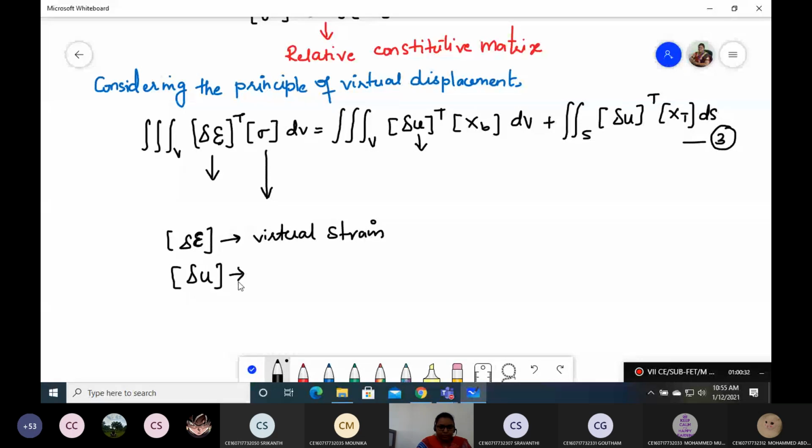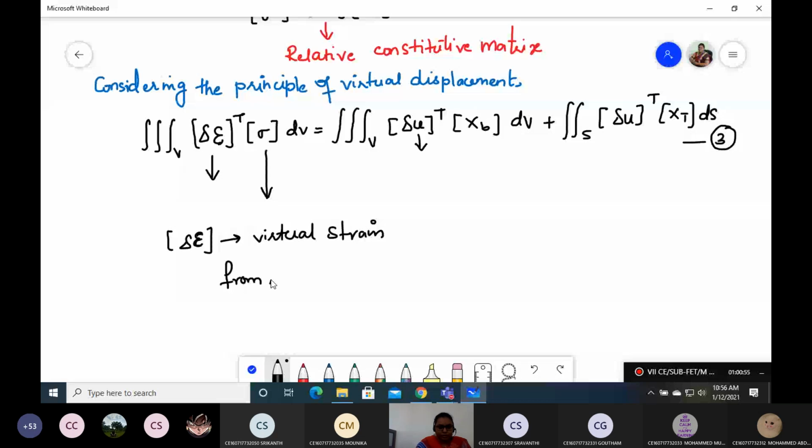Here we have delta u first. We'll talk about this one. Delta u here is virtual displacement. At some point we will come to UE, U matrix later. First we'll see what this virtual displacement is.